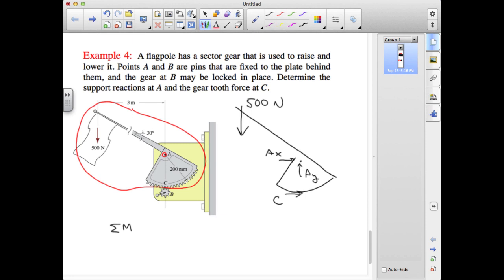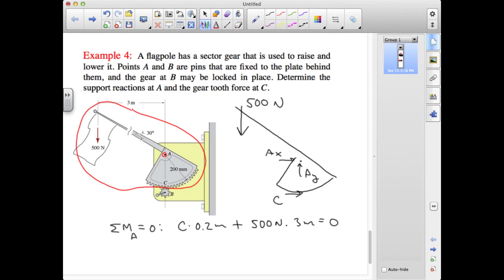If we take the sum of the moments about A and set that equal to 0, we can get C directly. So we have a counterclockwise or positive contribution from C through a moment arm of 200 millimeters or 0.2 meters, and a similar counterclockwise or positive contribution from the 500 newton force at the end times a moment arm of 3 meters.